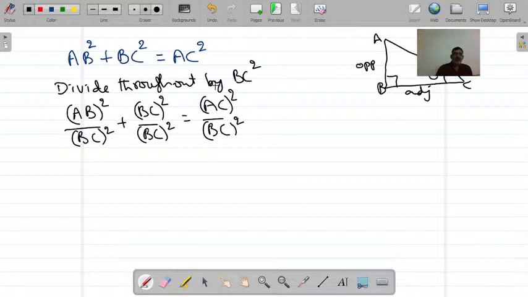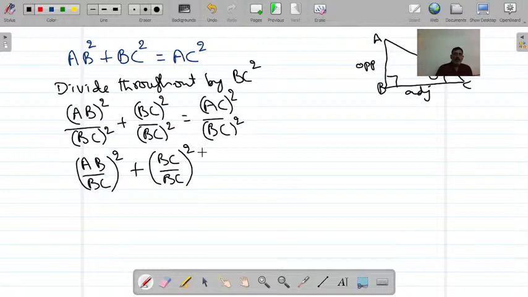Simply I divided throughout with BC square. Now it becomes AB by BC whole square plus BC by BC whole square equal to AC by BC whole square. Okay, here it is, right? Now again just think of it.